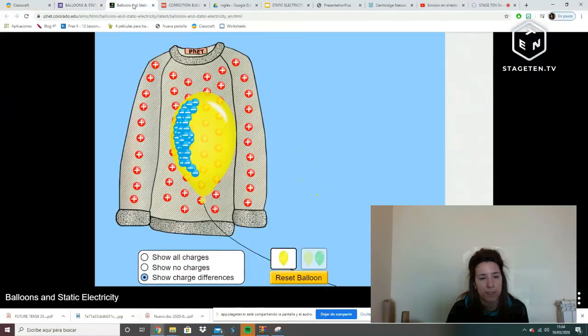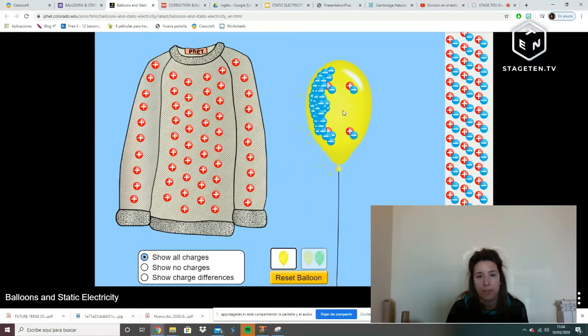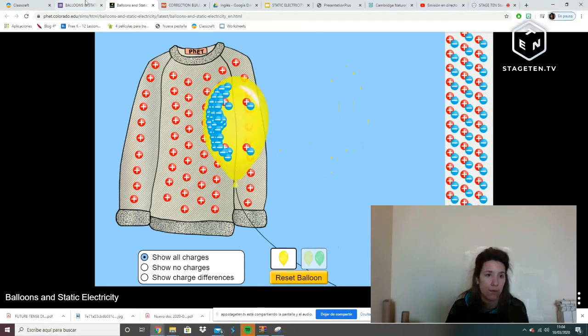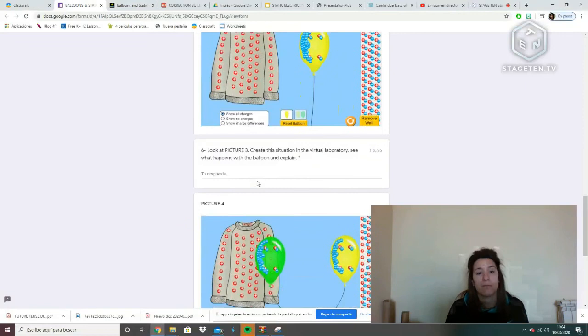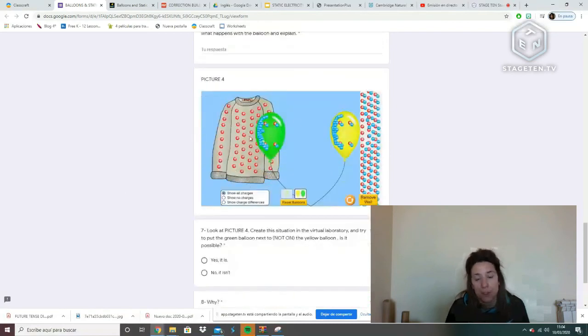And it is with the option show all charges. So I show all charges and I place the balloon here. Okay, I want you to observe what happens if at this point you release the balloon. And explain what happened to the balloon and why you think this happened.